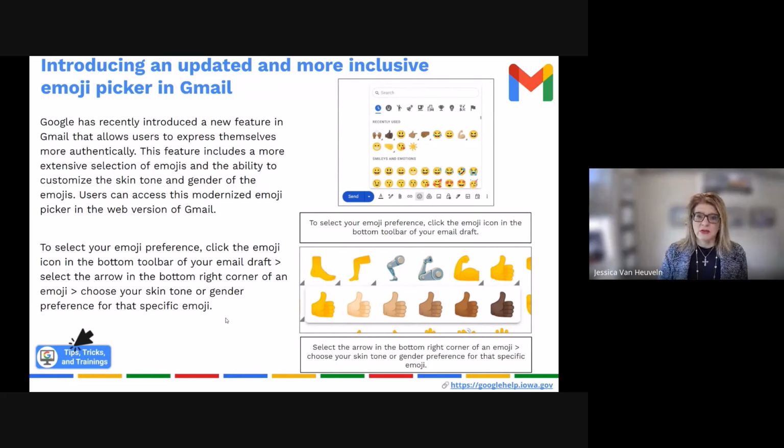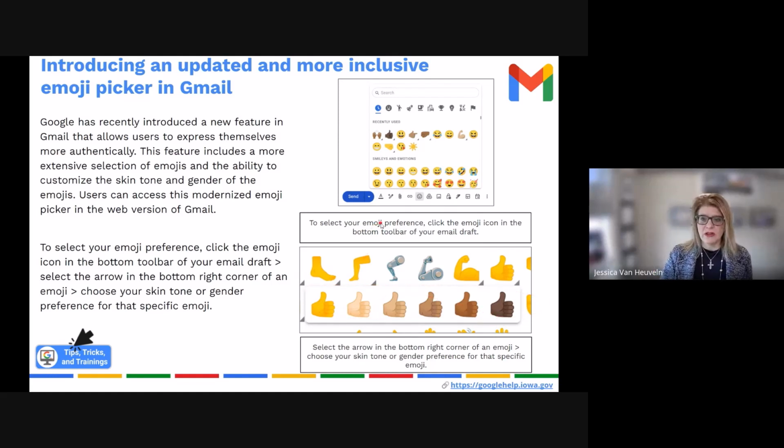When you see a triangle next to an emoji, like this little hand fist bump, you will be able to click on that little triangle and then select the particular color tone that relates to you. And again, you can see that in this particular thumbs up. You can have different skin tones.